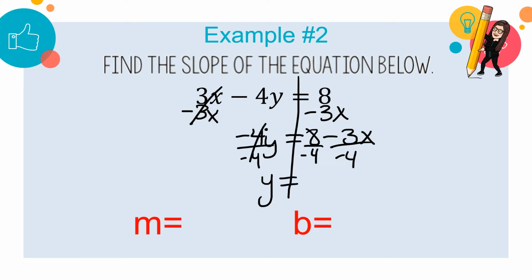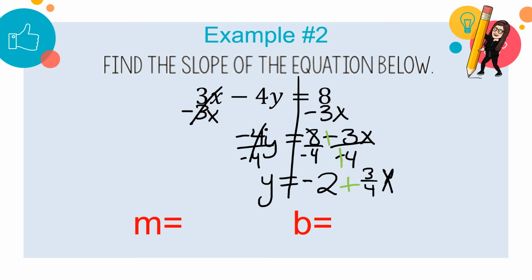Here's where we get to simplifying. 8 divided by -4 is -2. A negative divided by a negative is a positive. 3/4 does not divide. So if something doesn't divide, leave it a fraction. And if you can reduce, great. If you can't, totally fine.